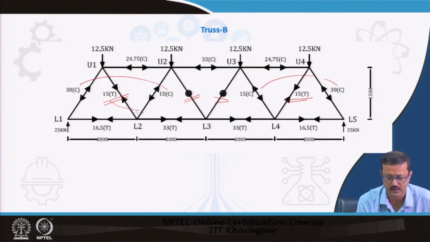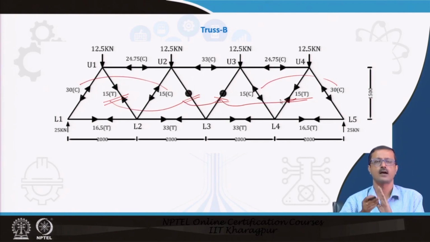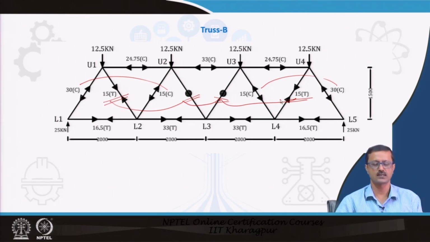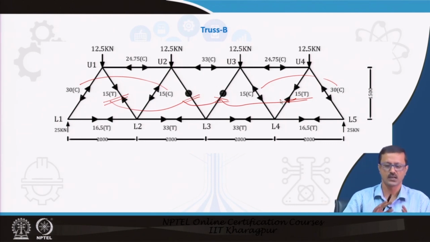This is tension, it is 0 and this is tension. So, there are alternate changes in compression and tension which should be understood. We have seen in the other cases also that in the pitched truss the internal forces are either compression or tension, and there is a kind of symmetry, a kind of rhythm in it.